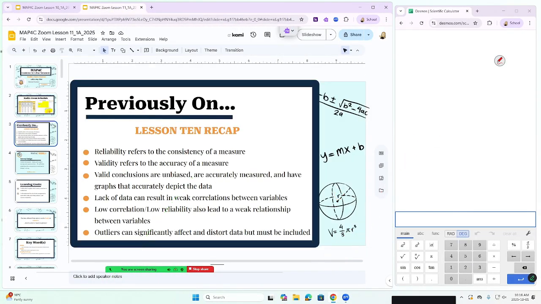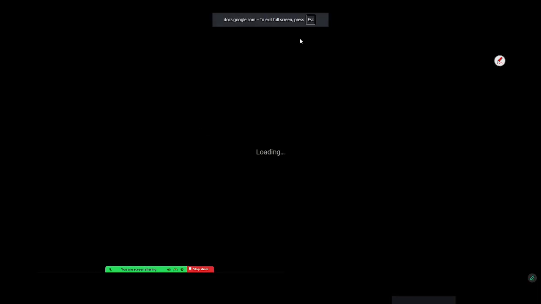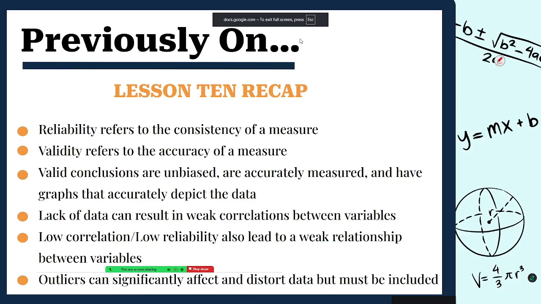So going back to lesson 11, looking at our lesson 10 recap, we know that reliability refers to the consistency of a measure. We know validity refers to the accuracy of a measure. Valid conclusions are unbiased, they are accurately measured, and have graphs that accurately depict the data.